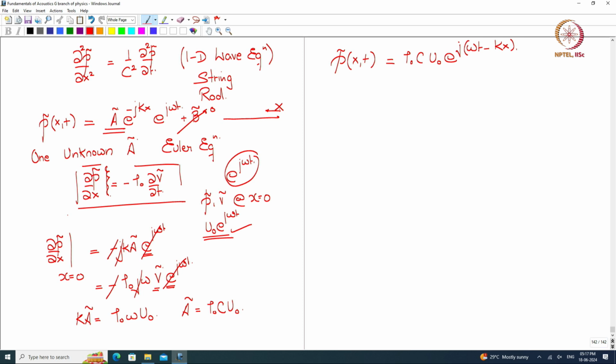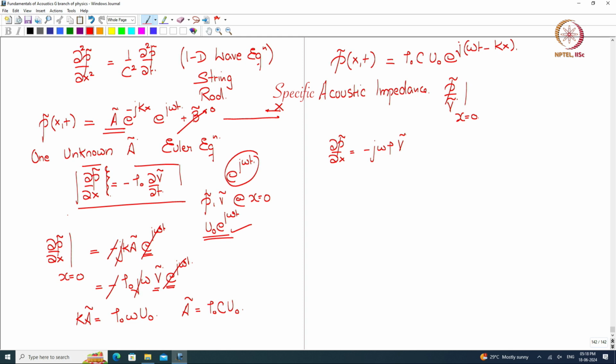Let us now compute the specific acoustic impedance, which is p tilde over v tilde, seen from the driver. So how do you get the v tilde?